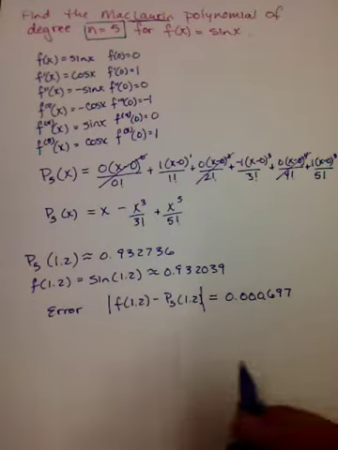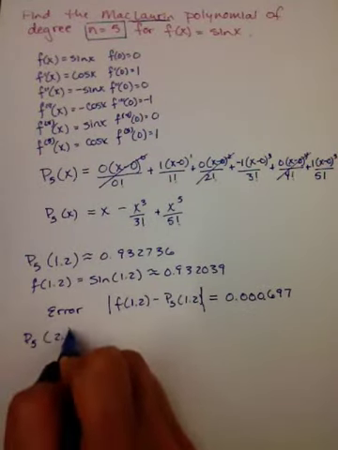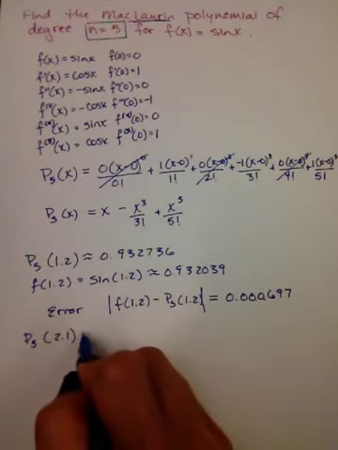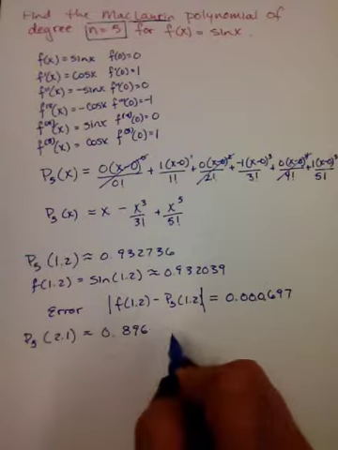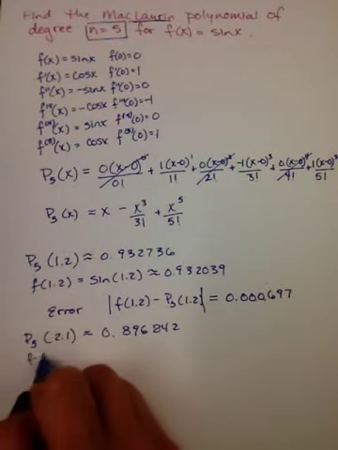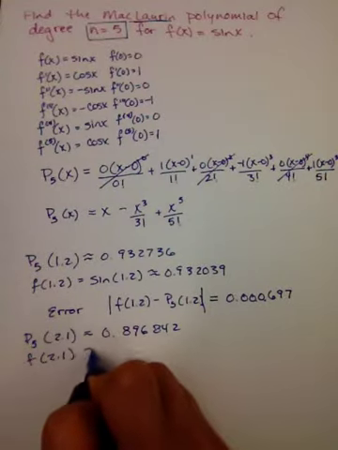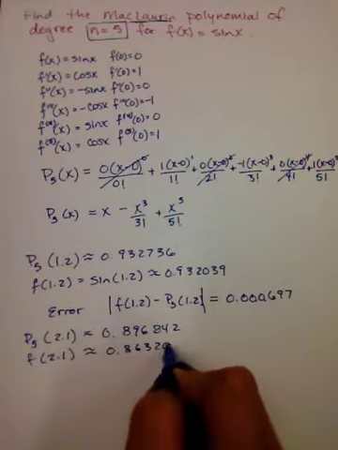If you go a little farther out, let's say you do P sub 5 of 2.1, that comes out to 0.896842, and then f of 2.1 is approximately equal to 0.863209.